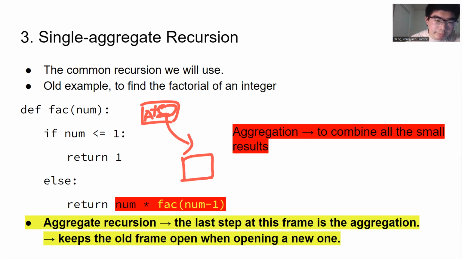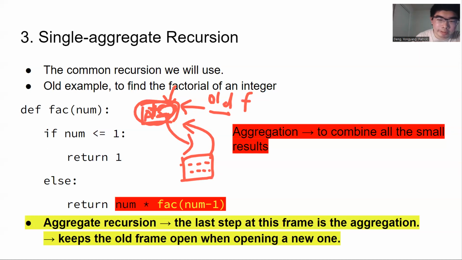So you will open a new frame, but at the same time you keep this frame open because you still have an addition to do. While you are running the new function frame, you leave the old frame open until the new function frame returns a result to here, so that you can do the addition. So you get the number, maybe a number or a string, and then you end the old frame at this time, because you have done all the things.